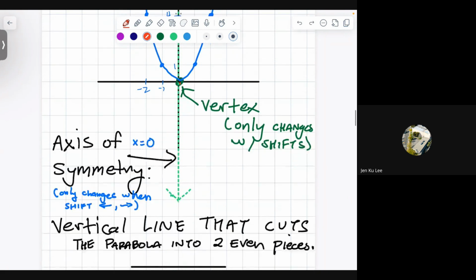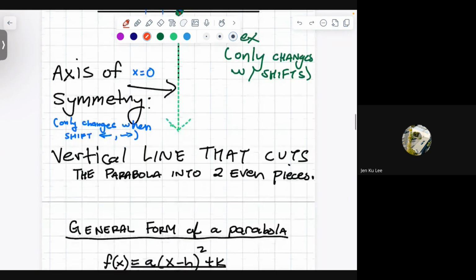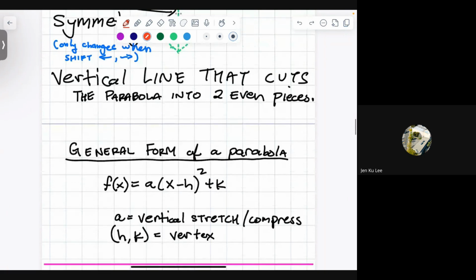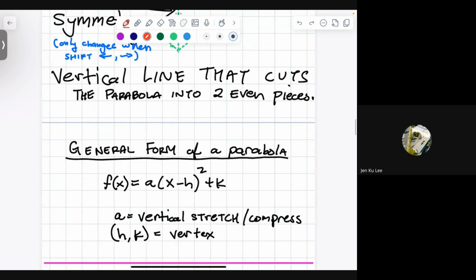I'm going to go ahead and talk about the general form of a parabola. The general form of a parabola is f of x equals a times the quantity x minus h squared plus k.